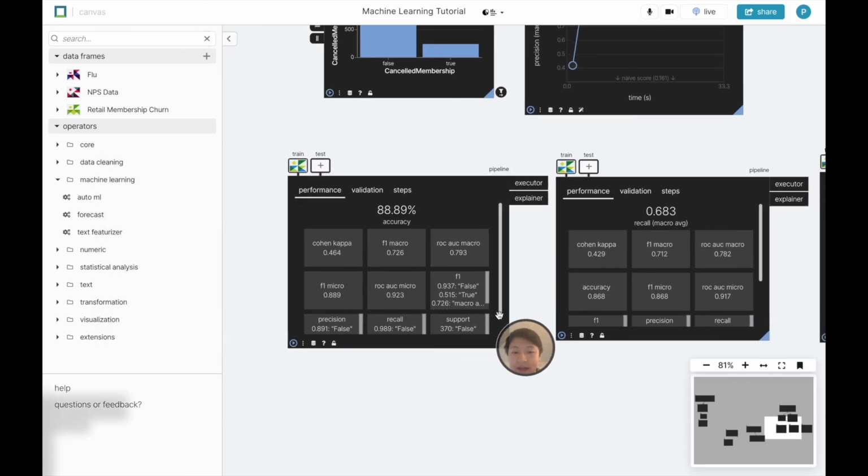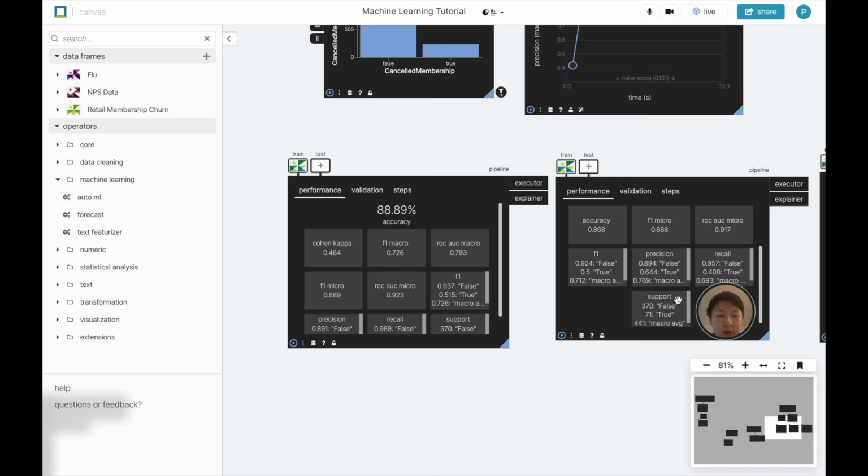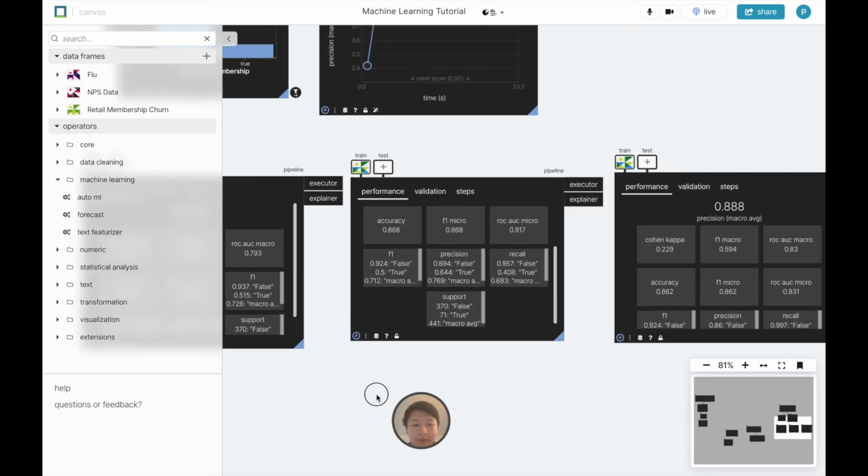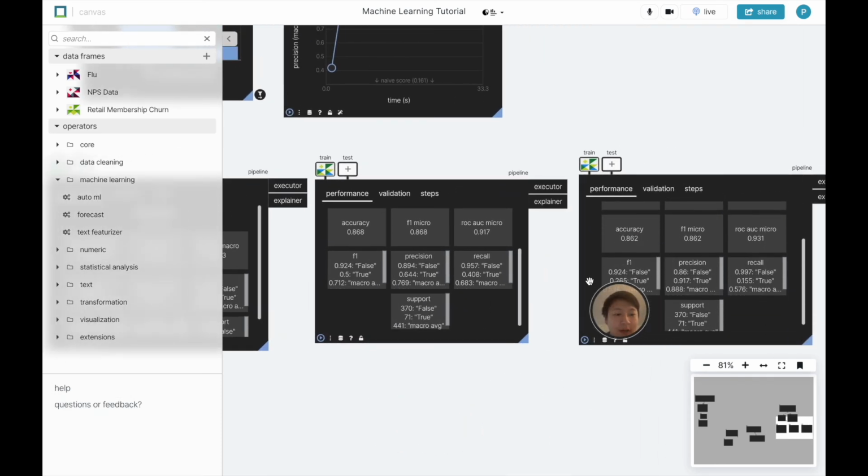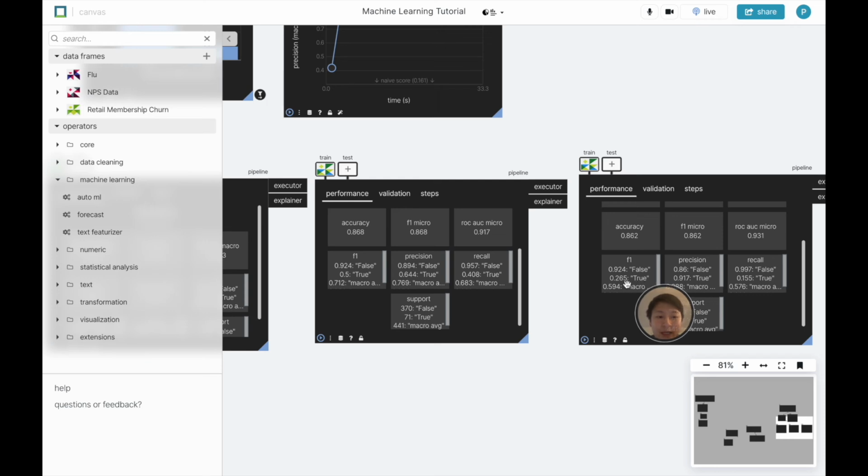We can see that the F1 score in the case of accuracy was 0.51 for true. When we took a look at the one that maximizes recall, we see that the F1 score is actually slightly lower, down to 0.5. And we go down to the F1 score for the one that maximizes precision, and we see that it has gone down even further to 0.265.